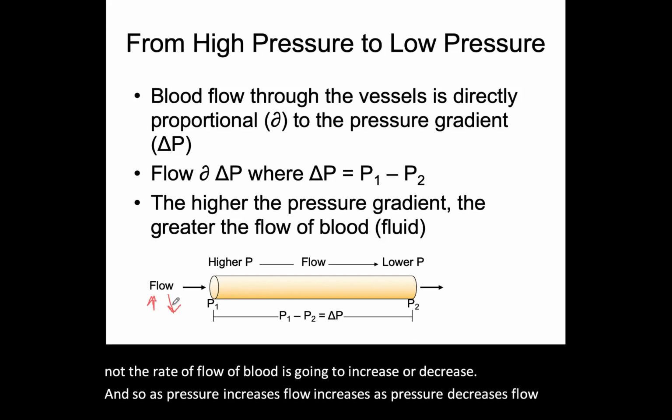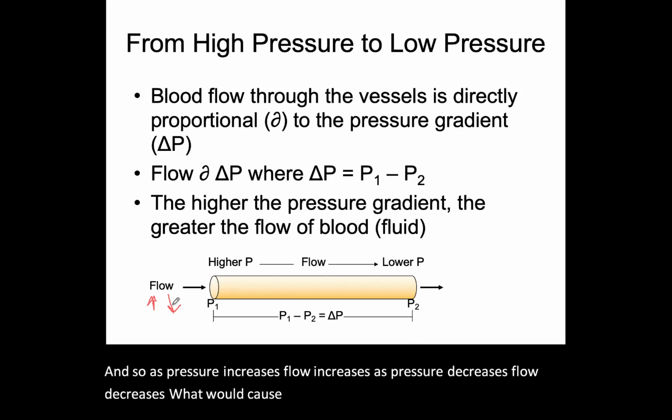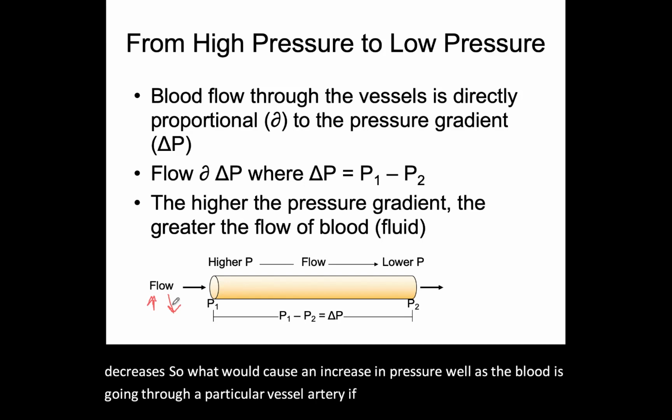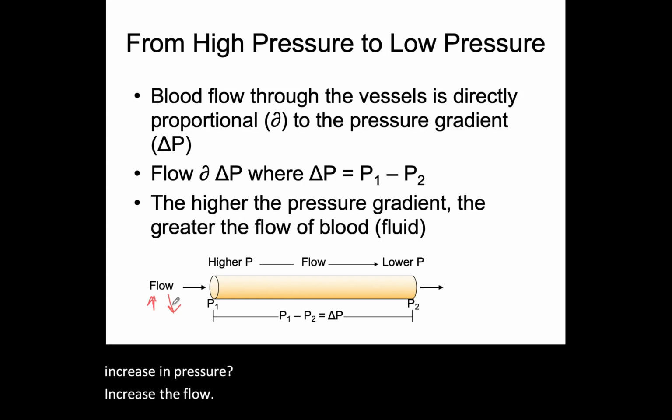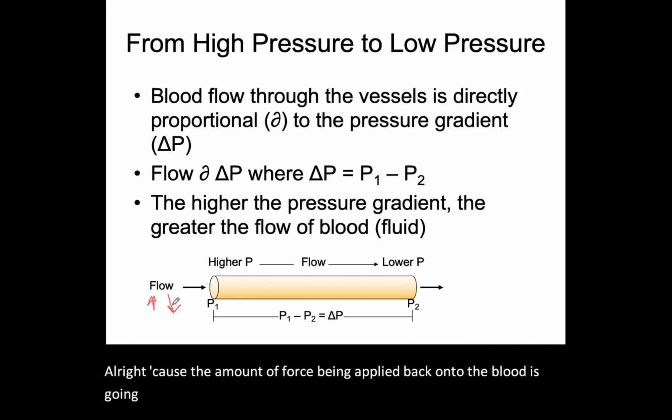So what would cause an increase in pressure? Well, as the blood is going through a particular vessel, artery, if you've got vasoconstriction, increase in pressure, increase the flow. All right, because the amount of force being applied back onto the blood is going to increase, and that's going to propel the blood.